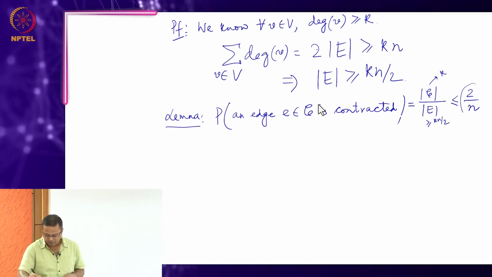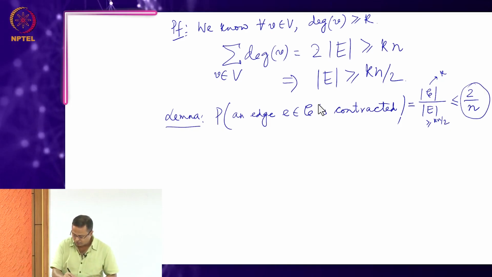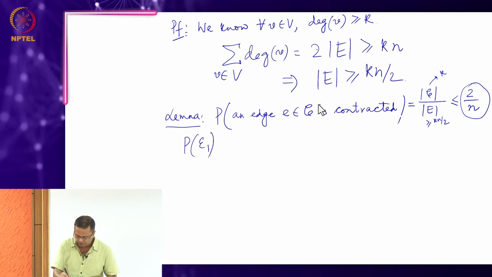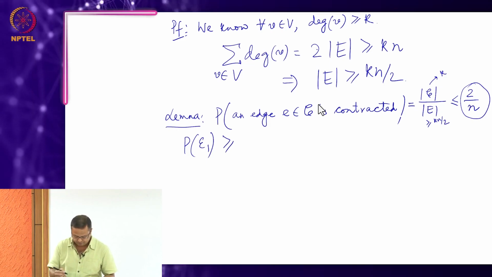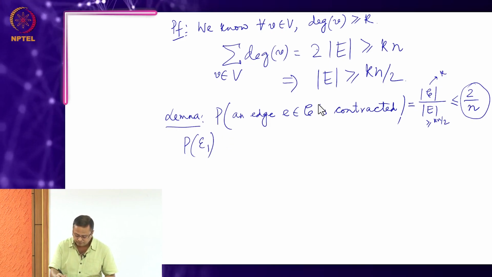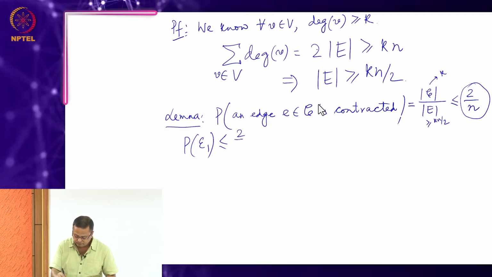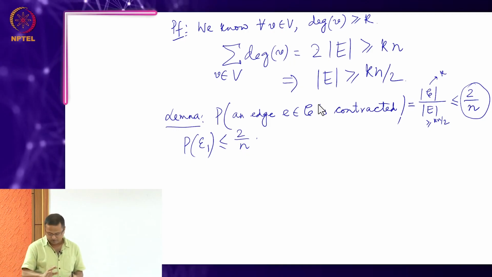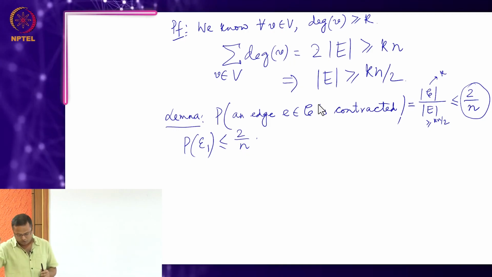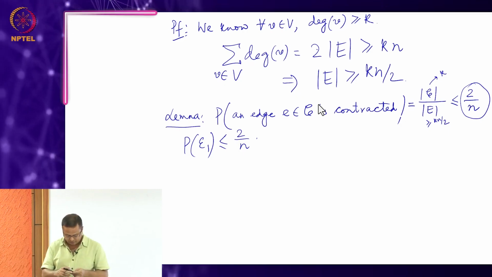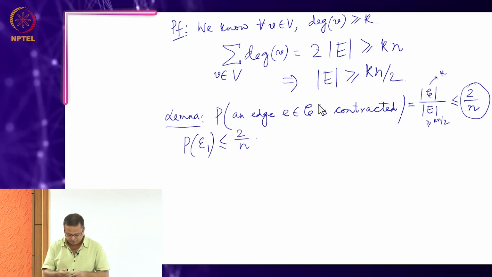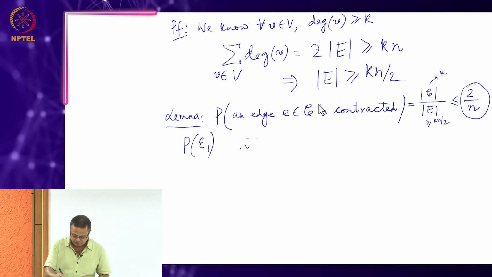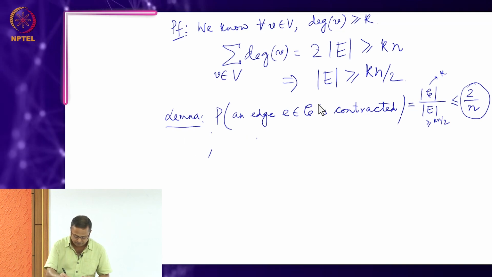So the probability of this is, oh sorry, no, that should be 1 minus 2 by n. That epsilon 1 was not contracted, remember that, I am sorry. We will plug it later on.